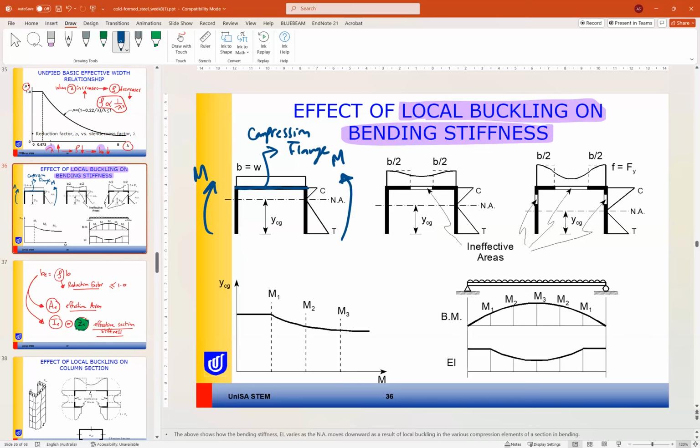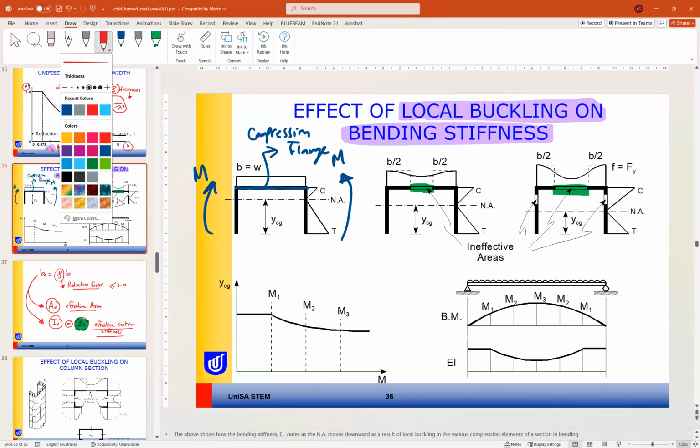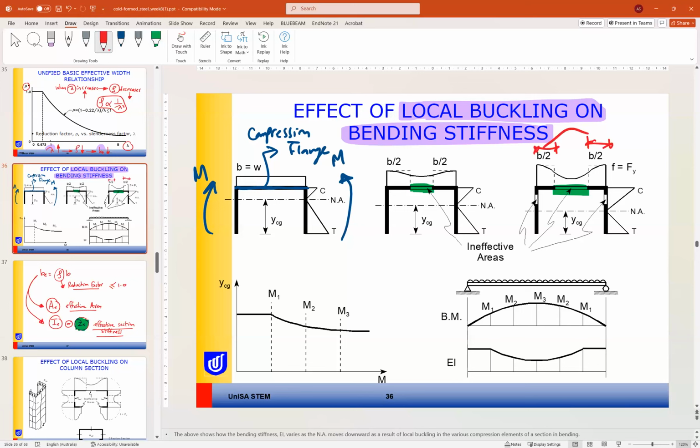As you can see, due to buckling, this part in the middle here will not be effective. And when we increase the stress, this part becomes more ineffective. So we need to find the effective width, which is B effective over 2 here and here.